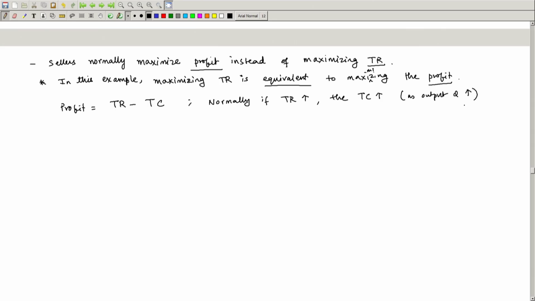So, normally if total revenue increases, the total cost also increases, which implies that maximizing the total revenue is not the same as maximizing profit. However, for this movie theater, it really didn't matter, and the reason being that if I look at this total cost expression for a movie theater, let us ask, what do I expect the total cost for a movie theater to be?